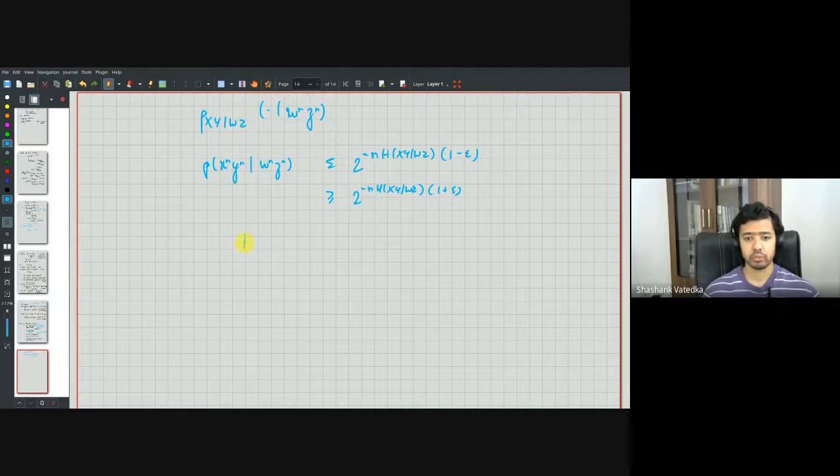And if you want to know the size of a particular typical set, say for p of xy, this size is always going to be less than or equal to, no matter what n is, 2 to the n times h of xy.